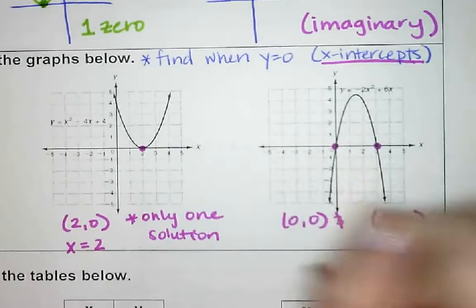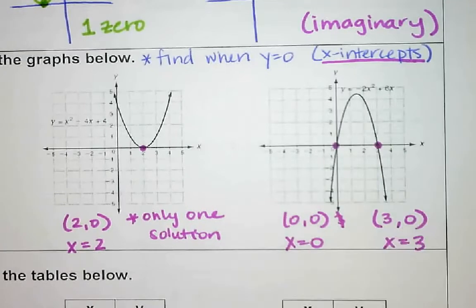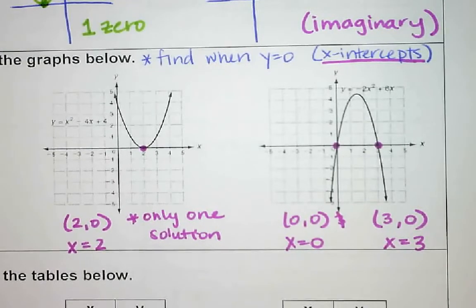So you could also write that as x is equal to 0 or x is equal to 3. Do y'all feel good about that so far? Awesome. Identifying your solutions from a graph is probably the easiest thing that you will get to do this entire unit. You will have some homework problems where that's all I'm asking you to do, to identify it from a graph. Wonderful, right? Okay.